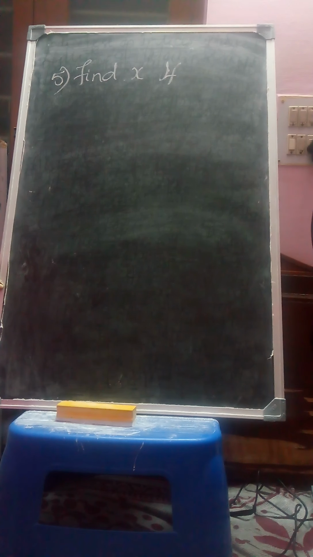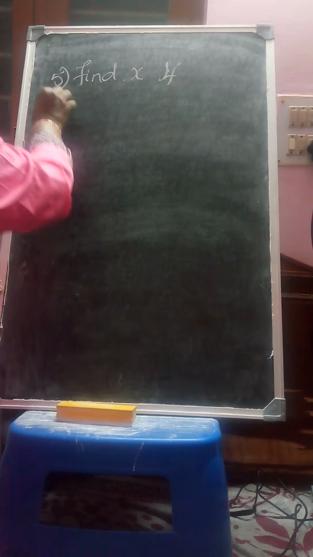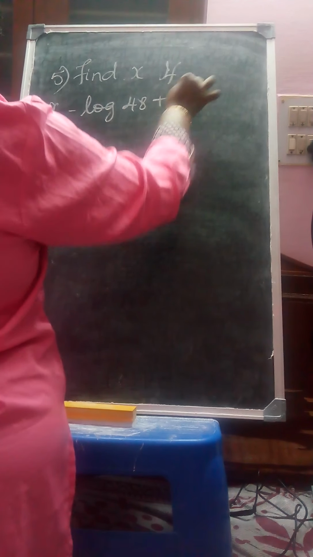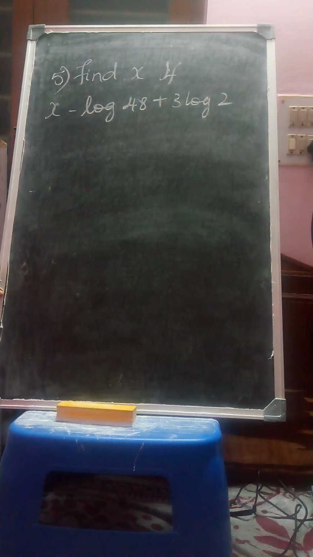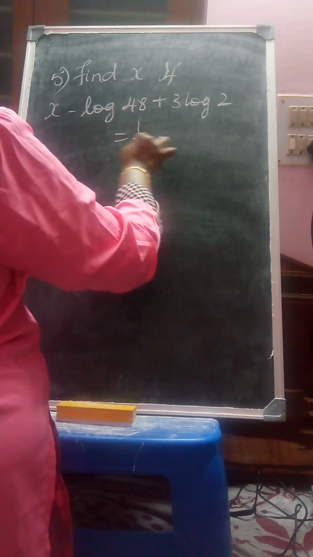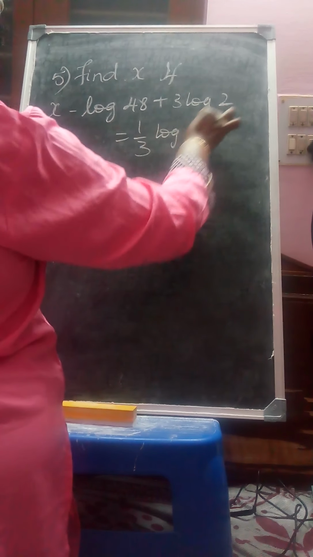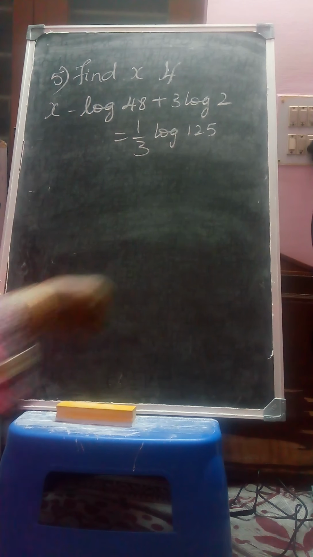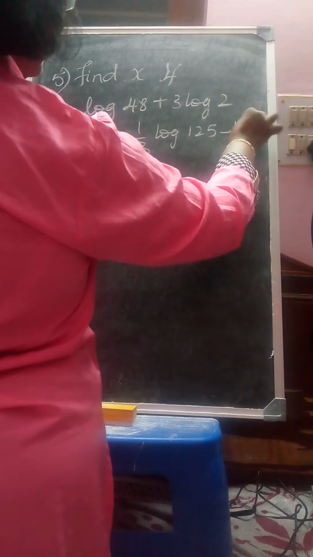Okay. Now they are saying x minus log 48 plus 3 log 2 is equal to 1 by 3 log 125, then minus log 3.